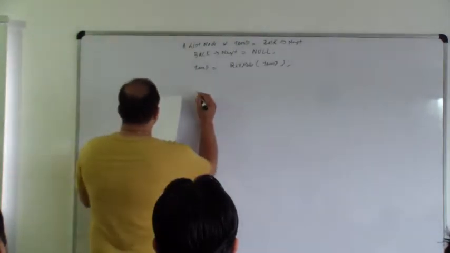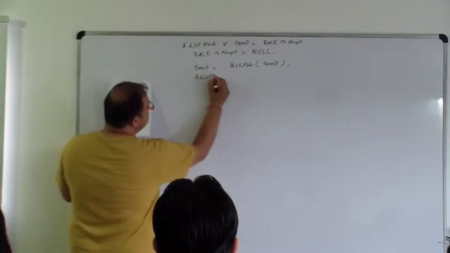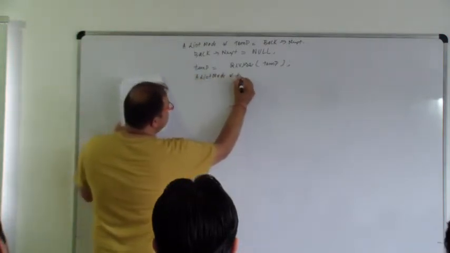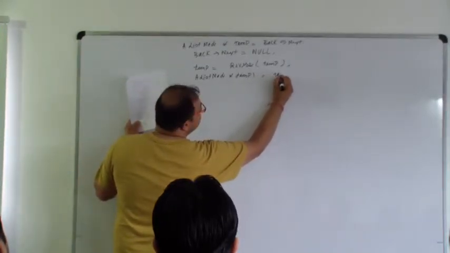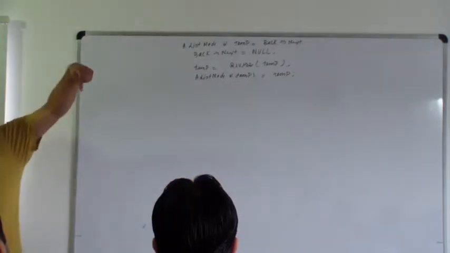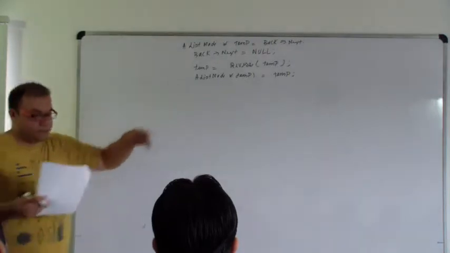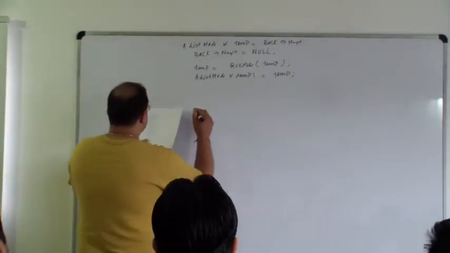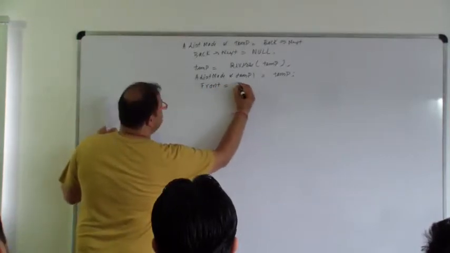Next, what I will do is a list node star temp 1 is equal to temp. I have taken this one to actually store the value where I have to reverse again. Then what I will do is front is equal to m head.